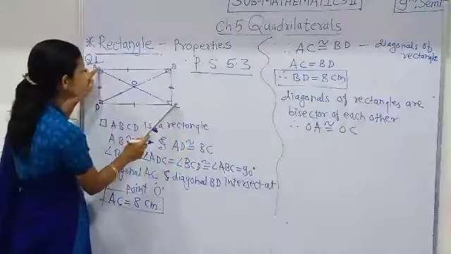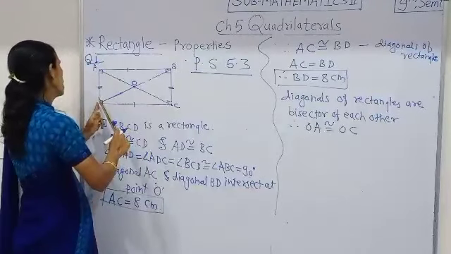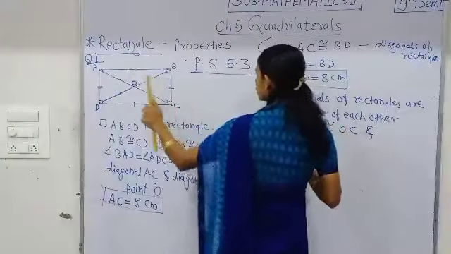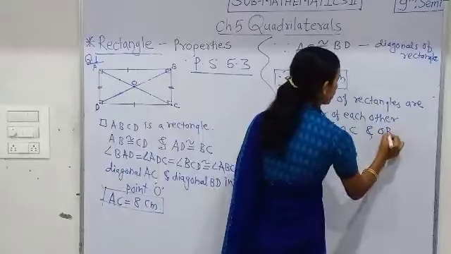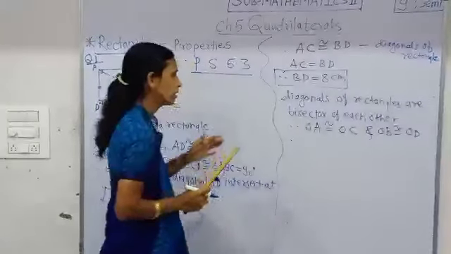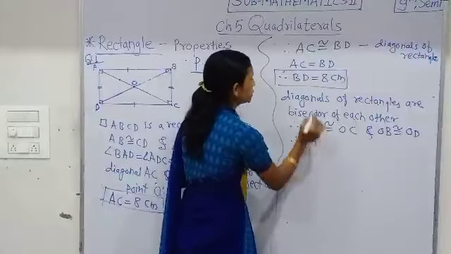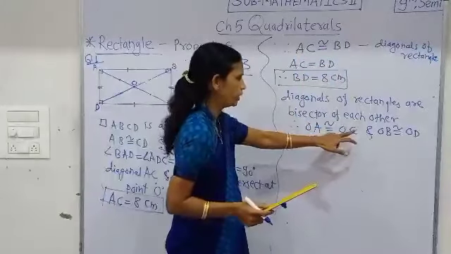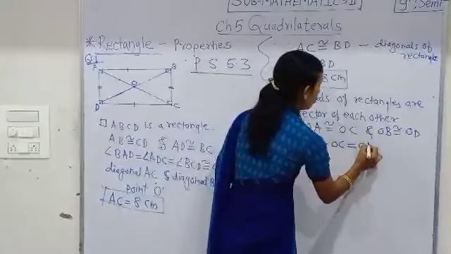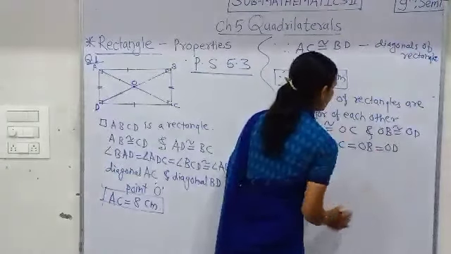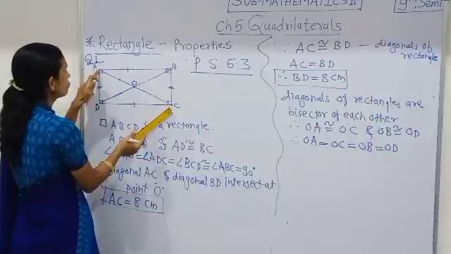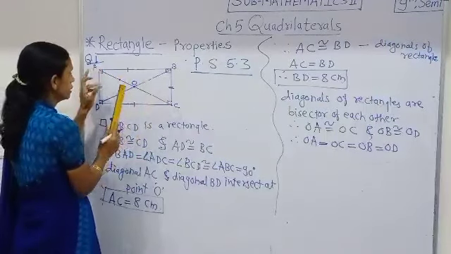But see here, AC is 8 centimeter, as well as BD is also 8 centimeter, and OB is congruent to OD. Therefore, as AC and BD are congruent, OA is equal to OC is equal to OB is equal to OD.